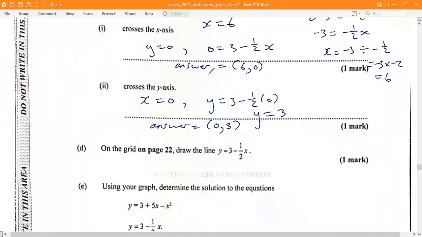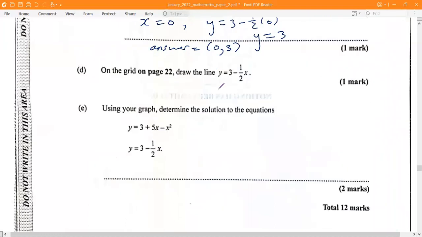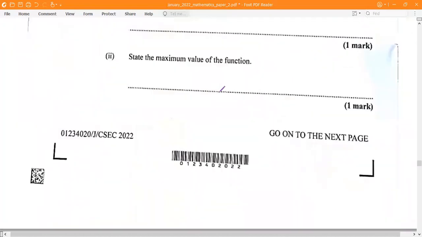All right, so using your graph, determine the solution to the equations y is equal to 3 plus 5x minus x squared and y is equal to 3 minus 1/2 x.